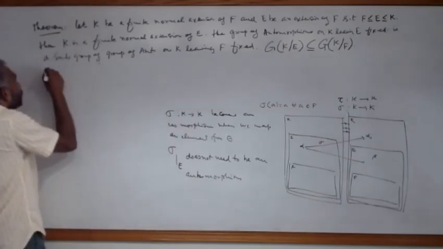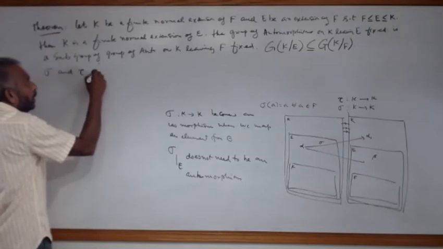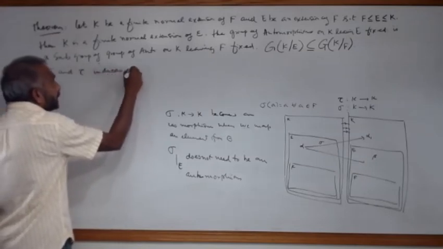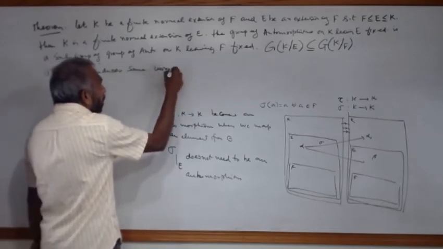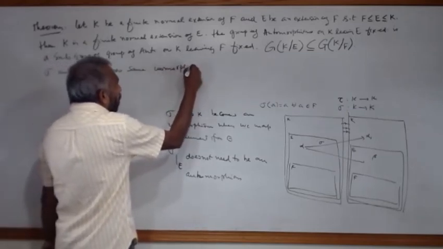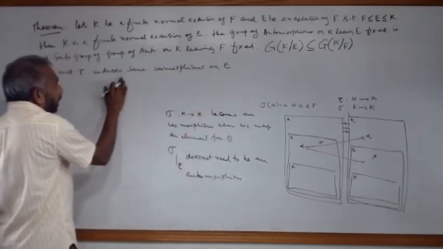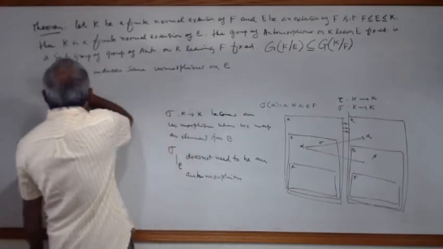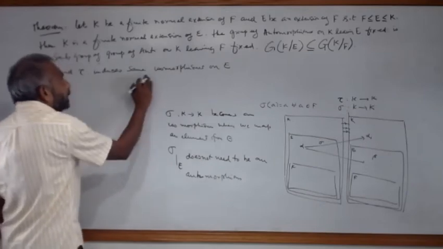So sigma and tau induce the same isomorphism on E. Sometimes it will be an automorphism, and that's the time when both of them will be in here. But still it will induce an isomorphism.